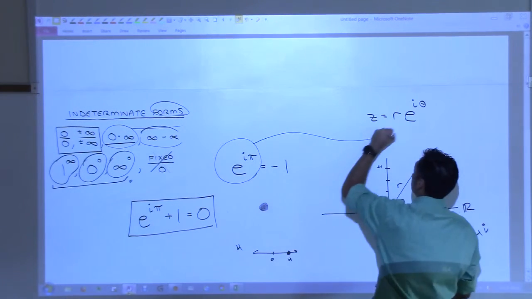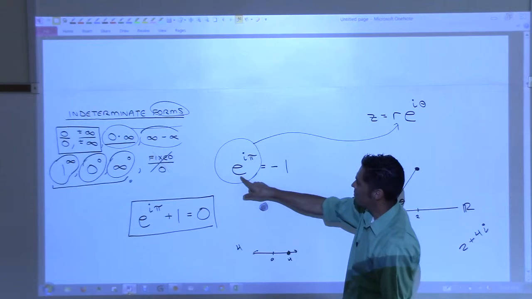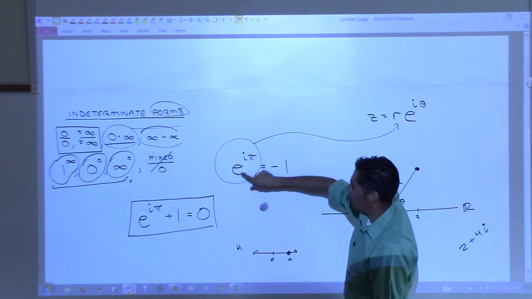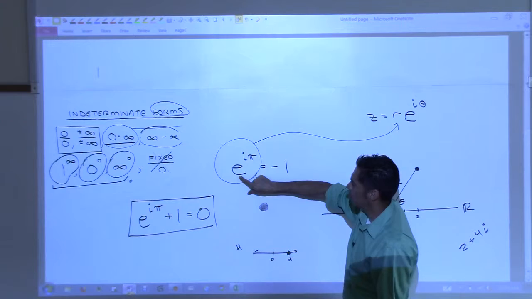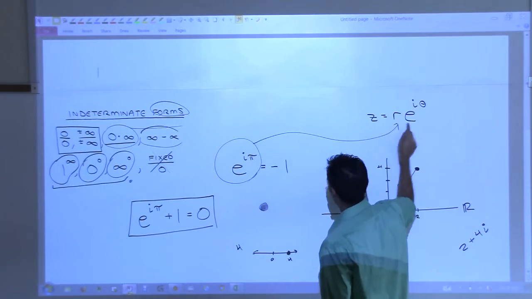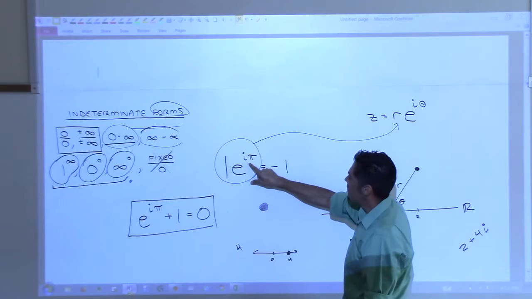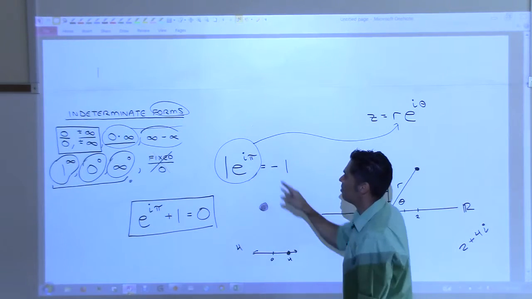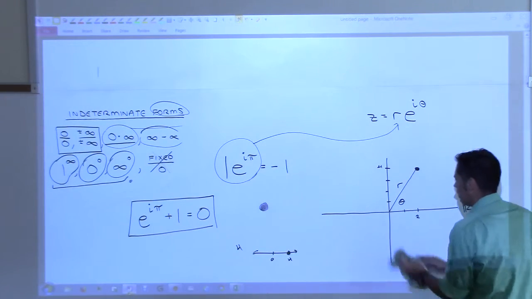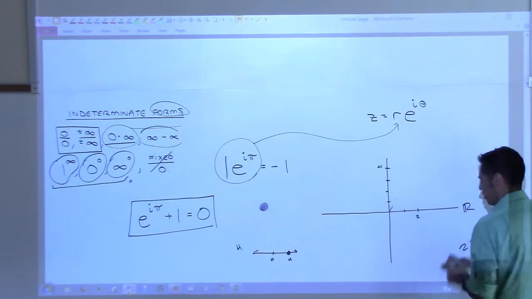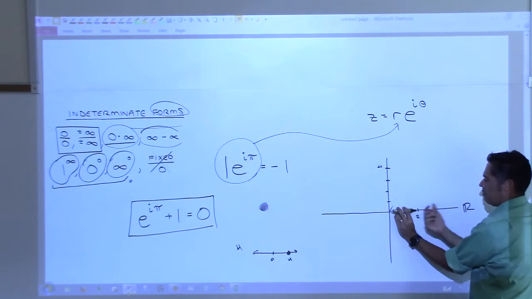According to that, what's my radius? On this, forget that. What's the radius here? What's the number in front of the e? 1, right? And then what's the angle? Pi, right? So this says, starting here, you always start oriented this way.